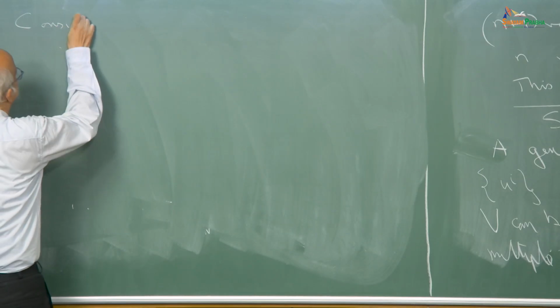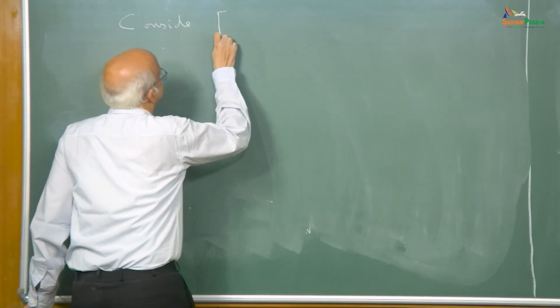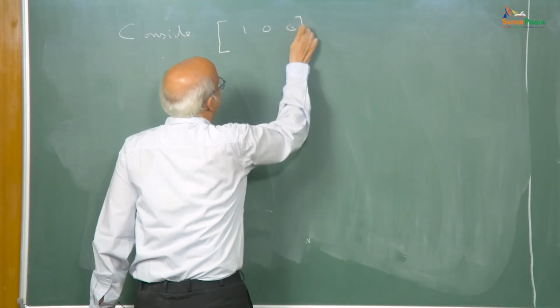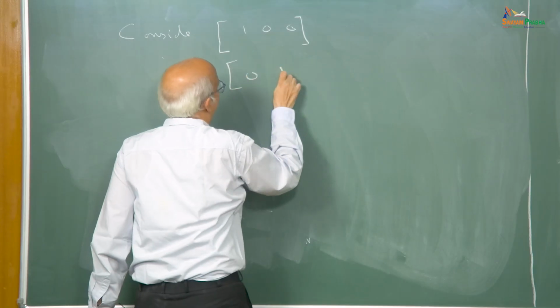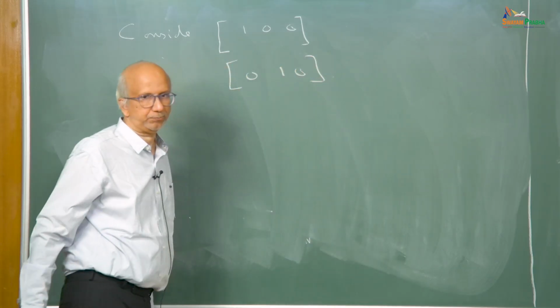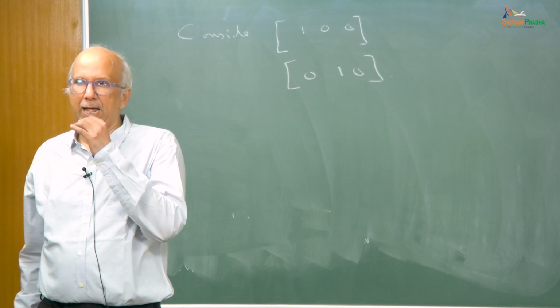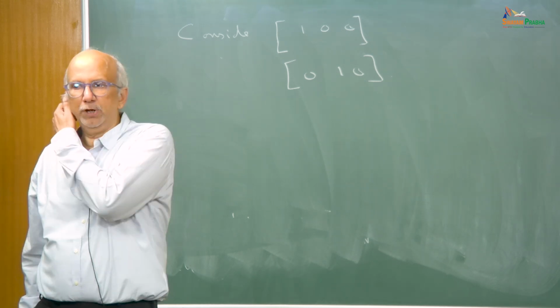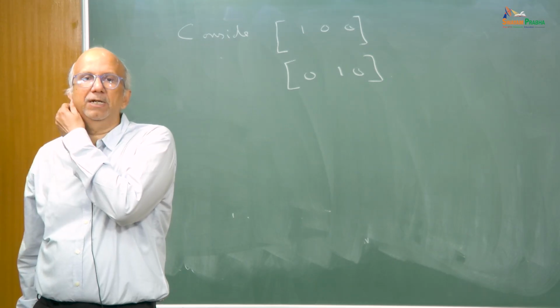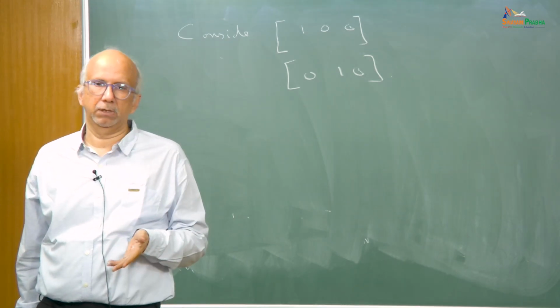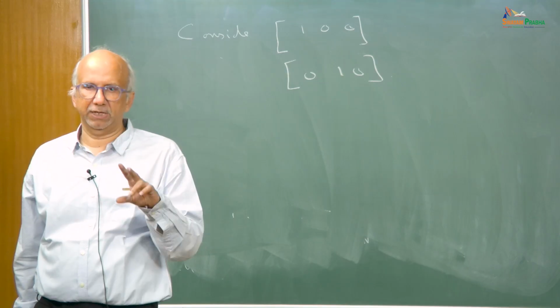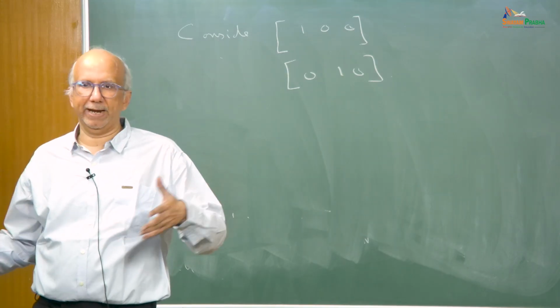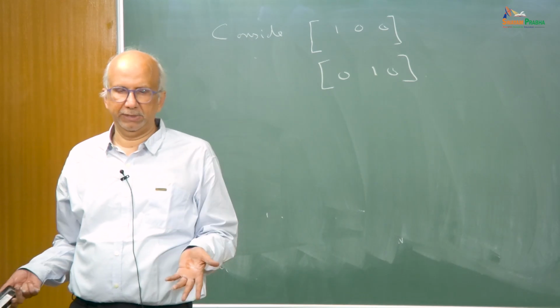Consider (1, 0, 0) and (0, 1, 0). Okay. I am taking these 2 vectors, and I am going to take scalar multiples of these vectors and vector sums, again multiply by 2, multiply by 3, then add, and things like that. Okay.